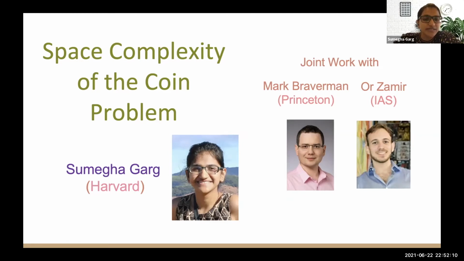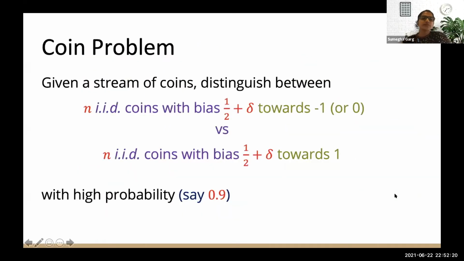I'll be talking about a recent work with Mark and Orr that settles the space complexity of the coin problem. In the coin problem, we are given a stream of coins, and we want to distinguish between the two following distributions.